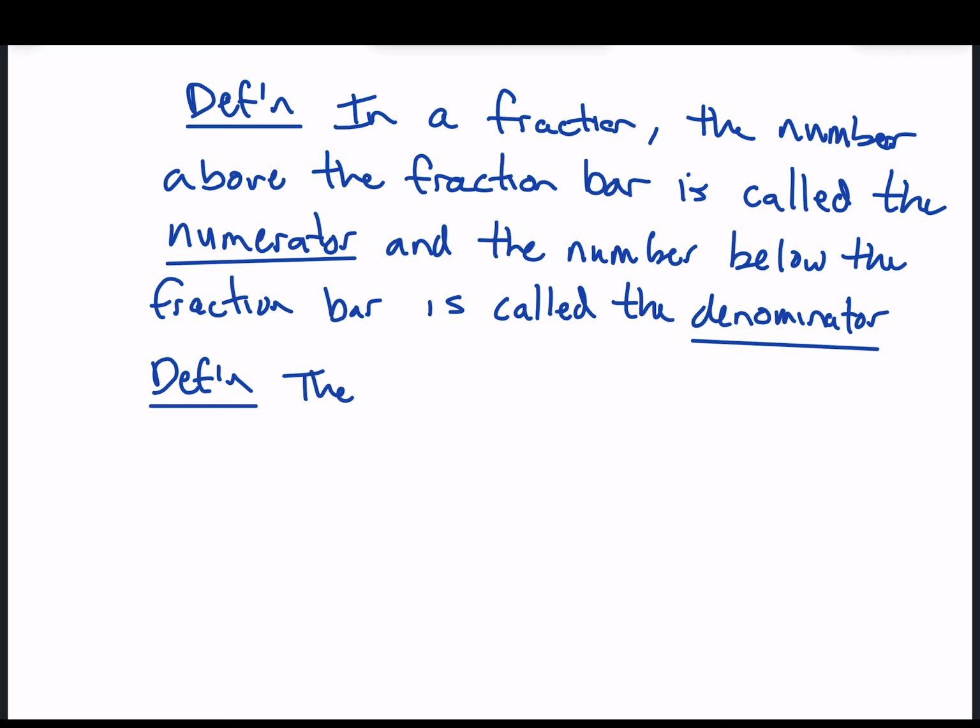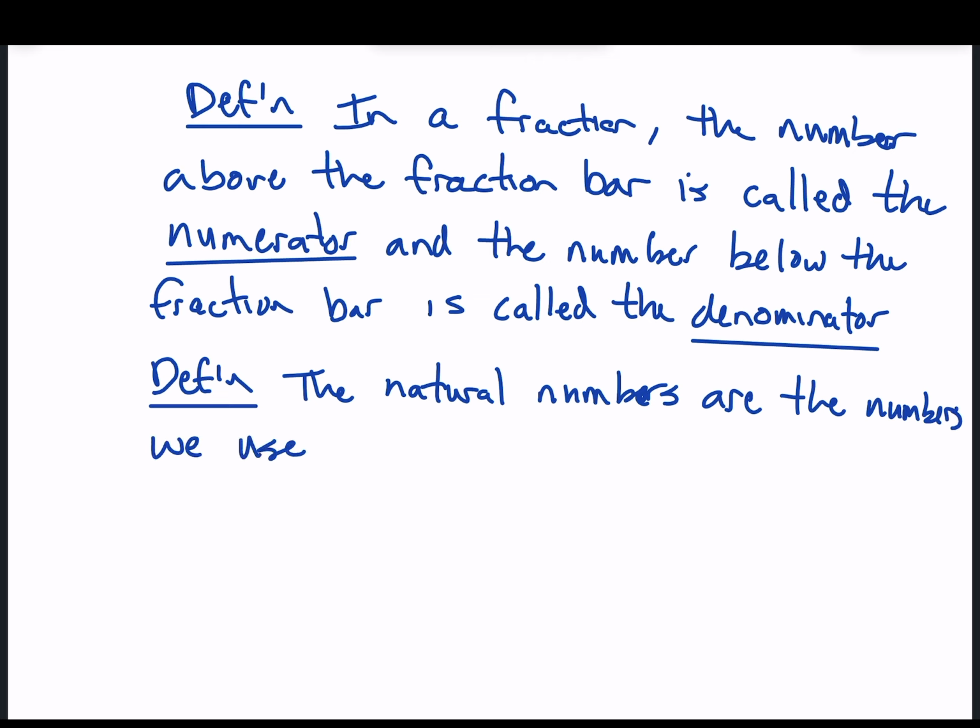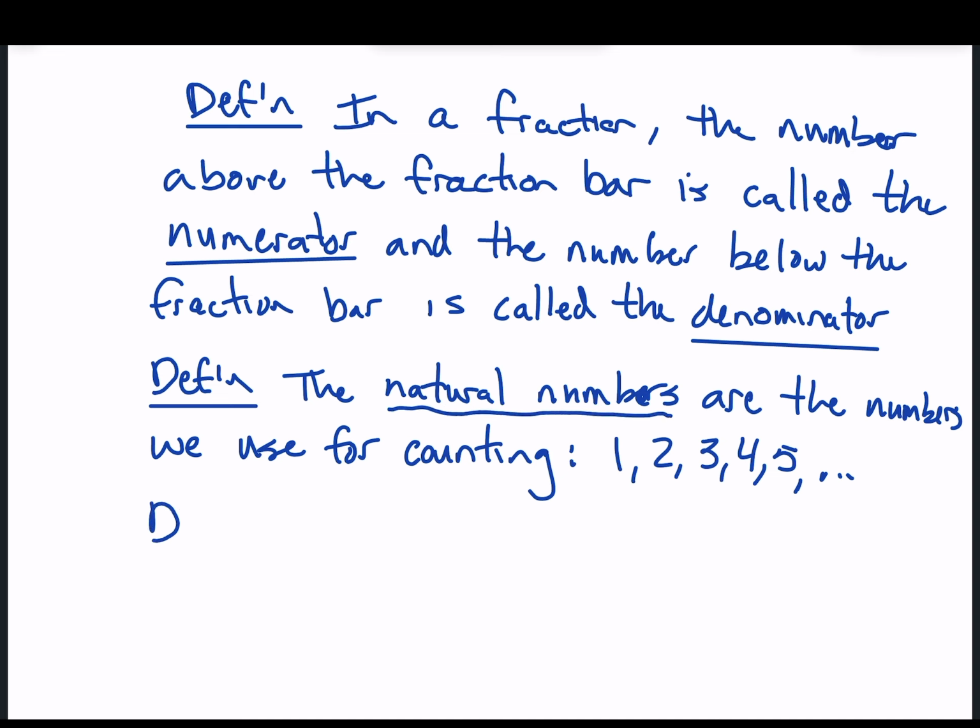Next, the natural numbers are the numbers we use for counting. In other words, 1, 2, 3, 4, 5, and so on. Okay? That's the natural numbers. Our next definition is of a mixed number.